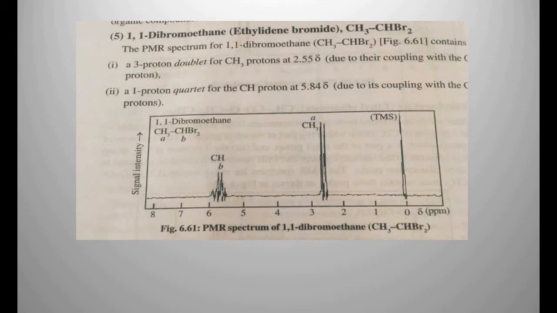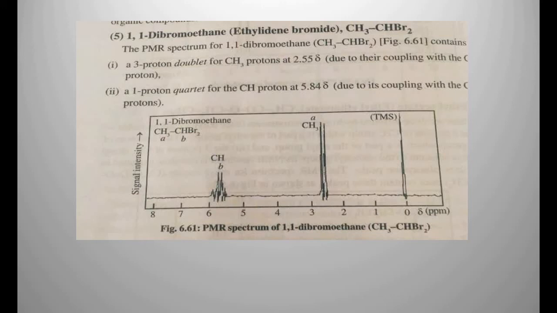Then a 1 proton quartet: the CH contains only 1 proton, but its signal is split into 4. A quartet for the CH proton at 5.84 delta, due to its coupling with the neighboring CH3 protons.